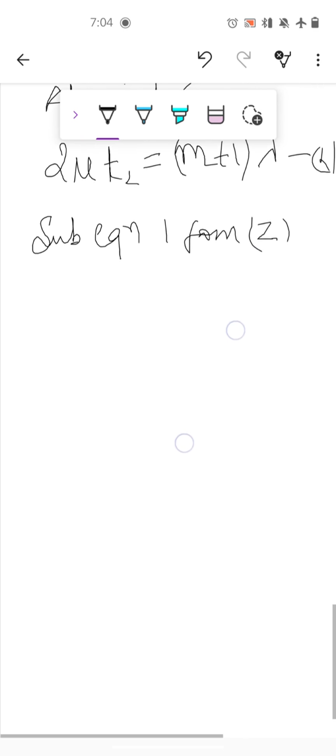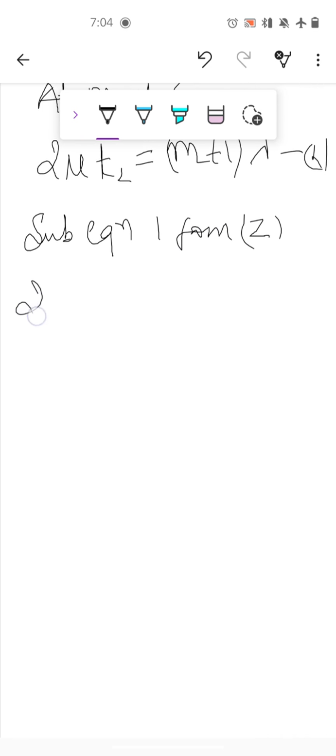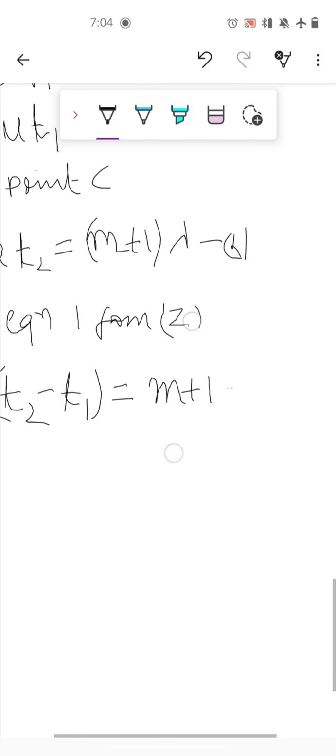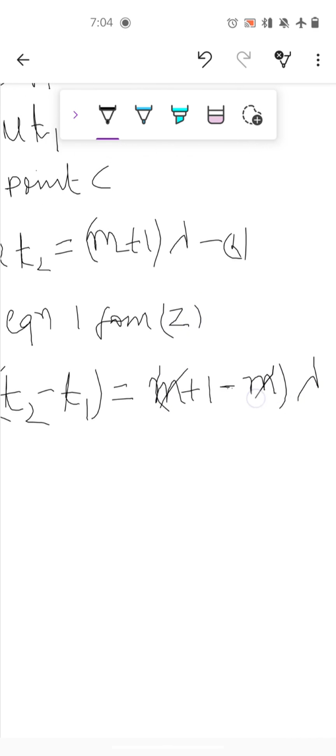So what we get: 2 mu into T2 minus T1 is equal to m plus 1 minus m into lambda. Cancel this out, we get lambda.